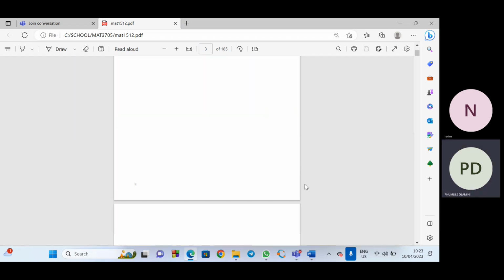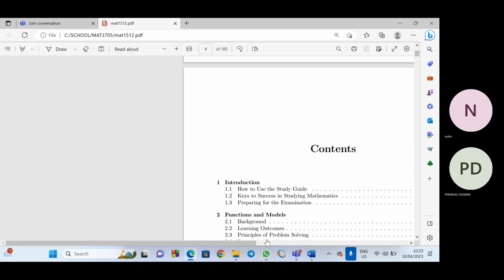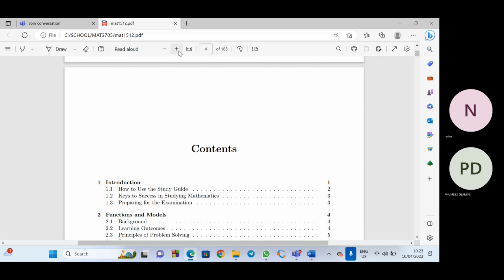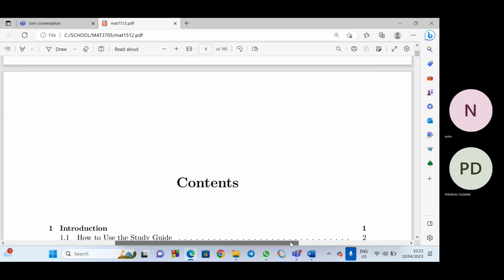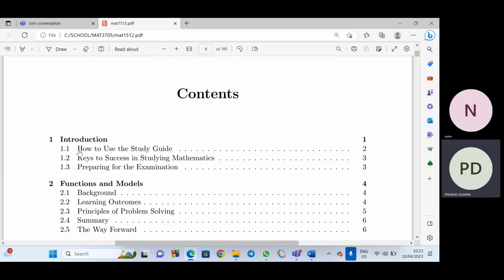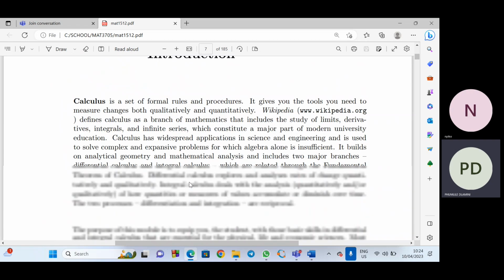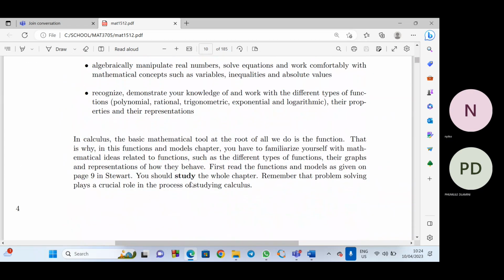If you check the example in the study guide, Unit 1, introduction to limits, we're just going to go straight to the questions. If you have time, you can read the introduction. I think it's just a welcoming message.